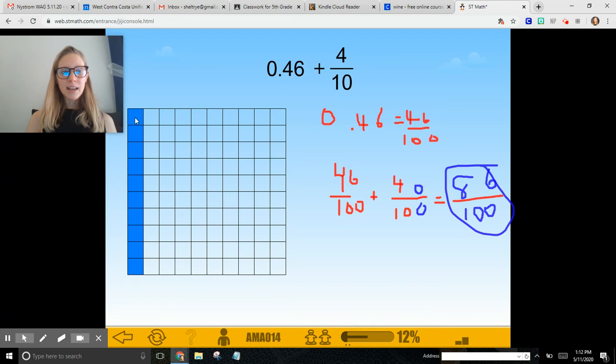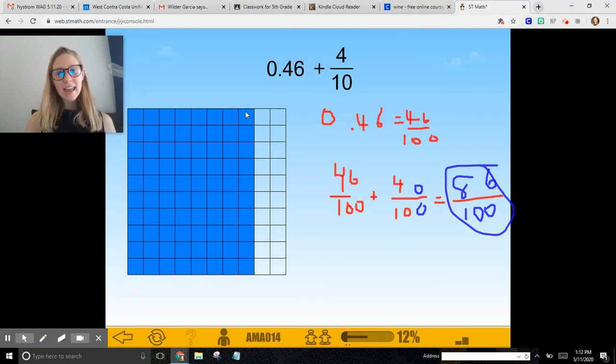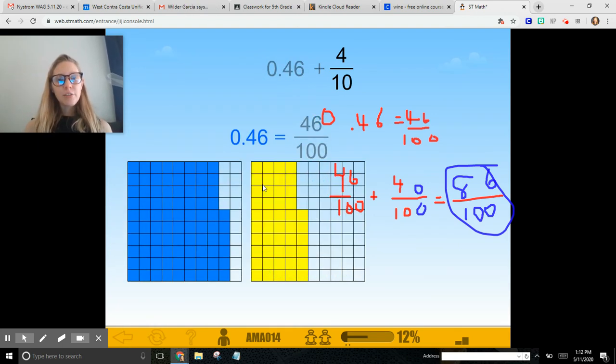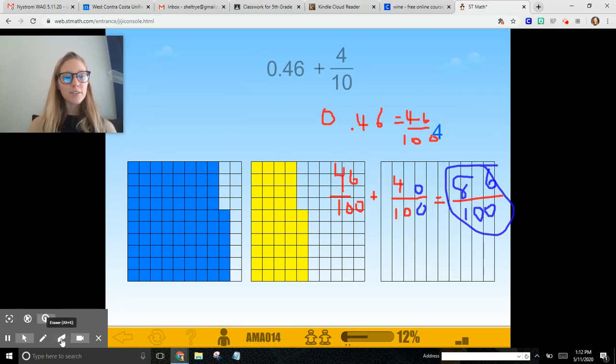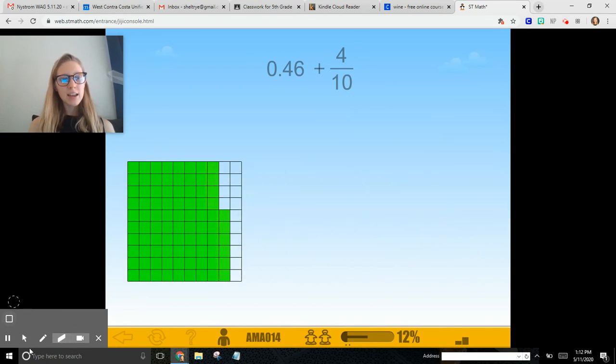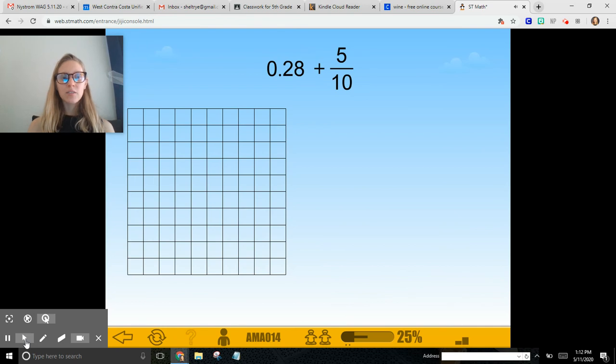So again, counting my tens, 10, 20, 30, 40, 50, 60, 70, 80, and then 6. And so basically we just have to know that if it's tenths, we have to convert it to hundredths, or if it's hundredths, we have to convert it to tenths, because the biggest thing at the end of the day is that we can only add and subtract fractions that have the same denominator.